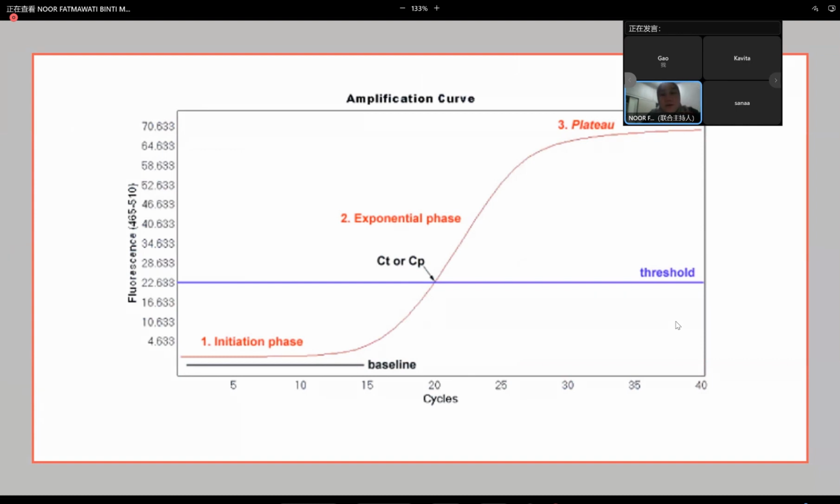Okay, so in the machine, this threshold line, this purple or this blue line, you can move this blue line manually. So once you have your machine, you can use the setting in the machine to move this threshold, and most of the time you can also choose to set it automatic.